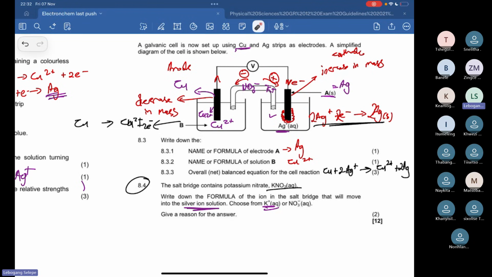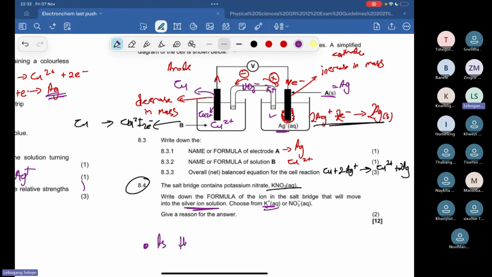Basically, as the reaction takes place, Ag plus gains electrons to become Ag. This makes the solution in here less positive. So to neutralize it, the salt bridge sends positive ions. That's more detailed, guys.